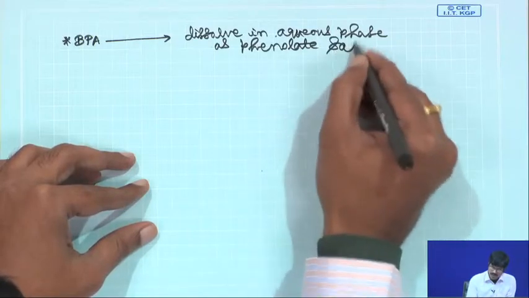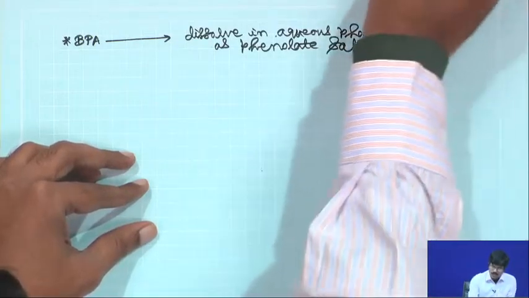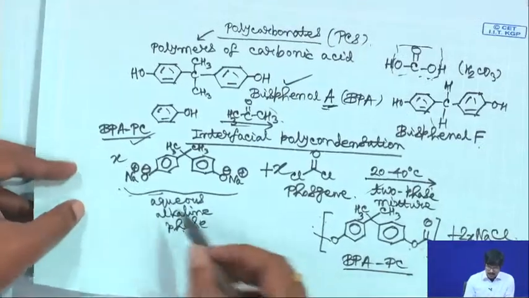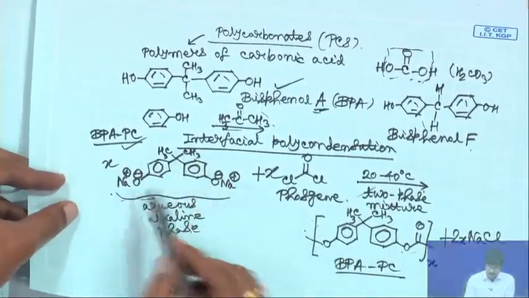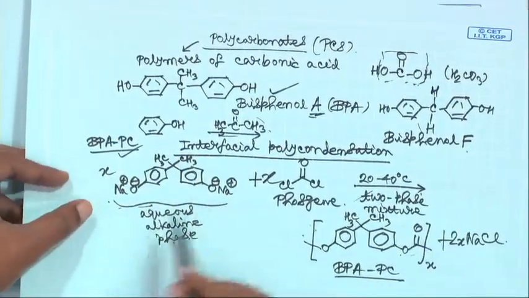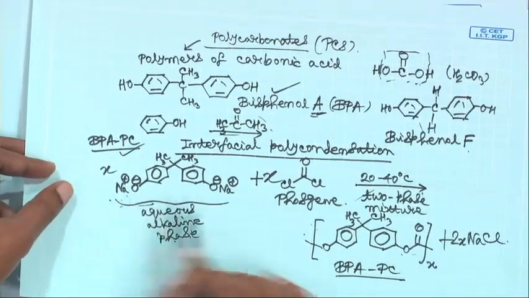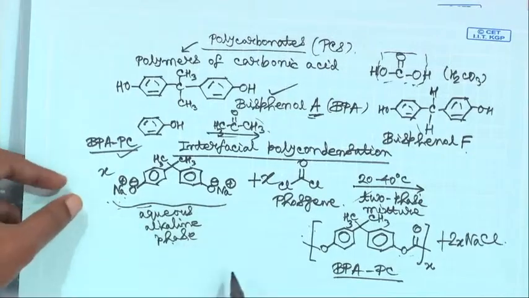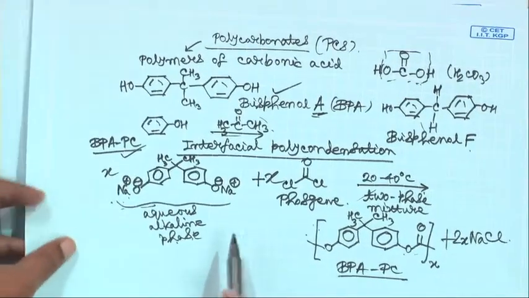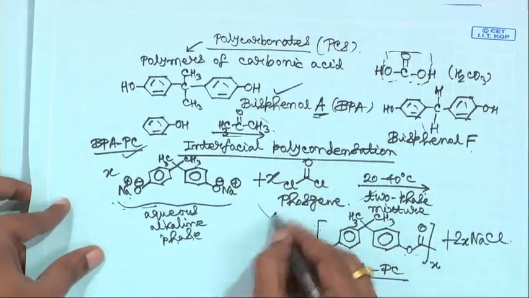So, there will be sodium hydroxide present in the aqueous layer. So, ultimately this bisphenol A will dissolve as a phenolate salt. This is to aid the solubility of the system, that you are using it in the salt form, and the phosgene you take in the organic phase.